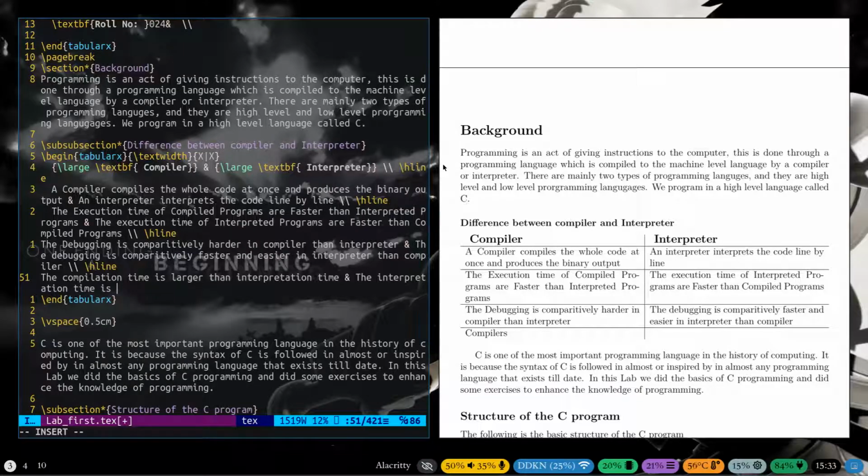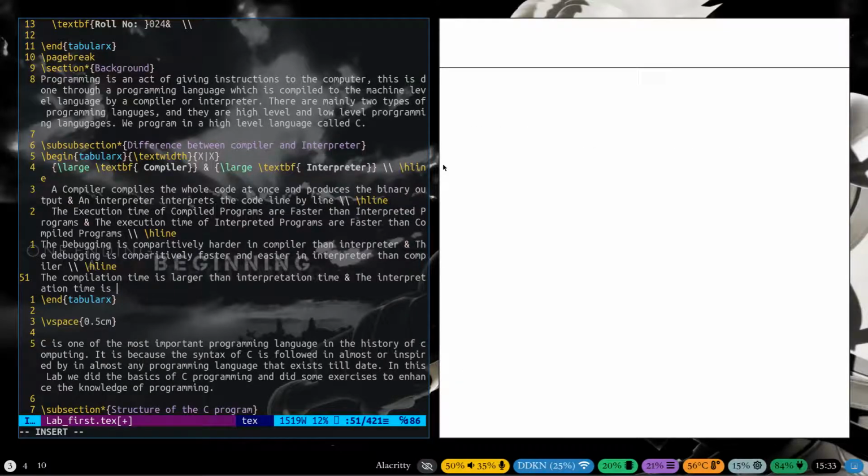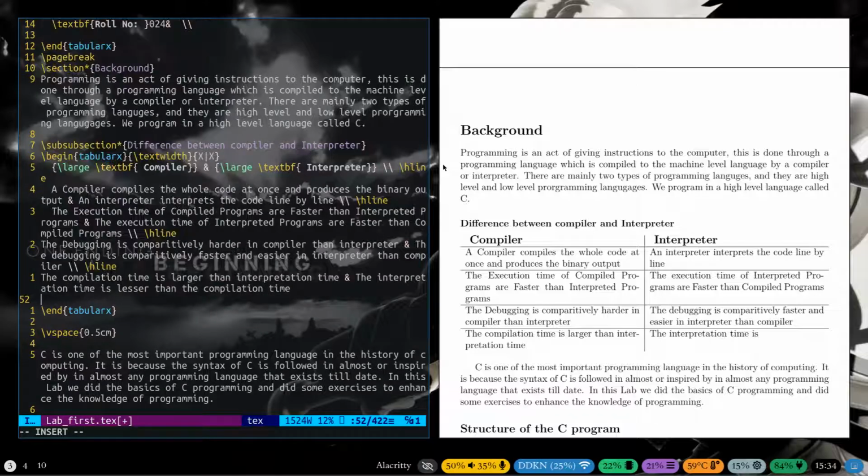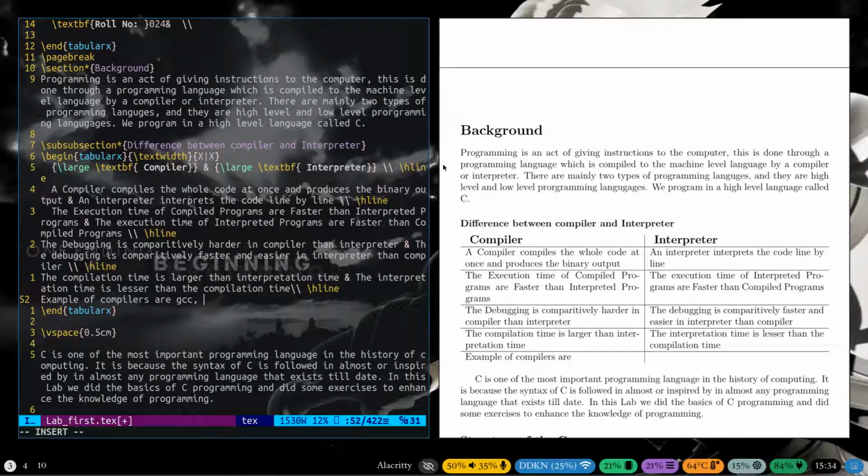Interpretation time is less than the compilation time, as a line. Examples of compilers are GCC, Clang, and so on.